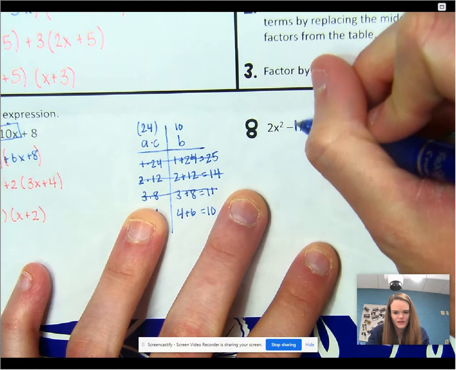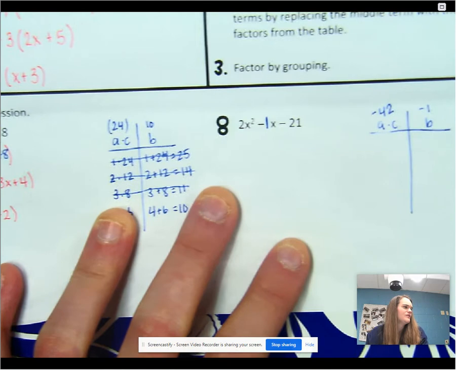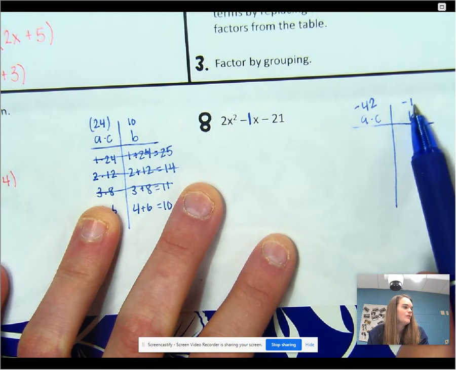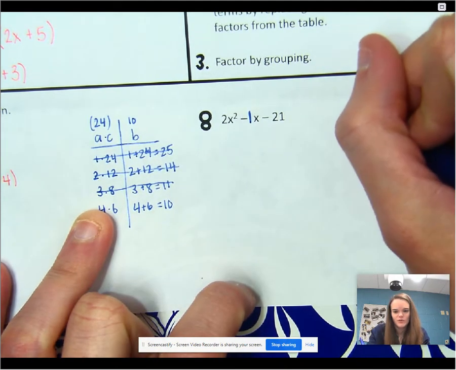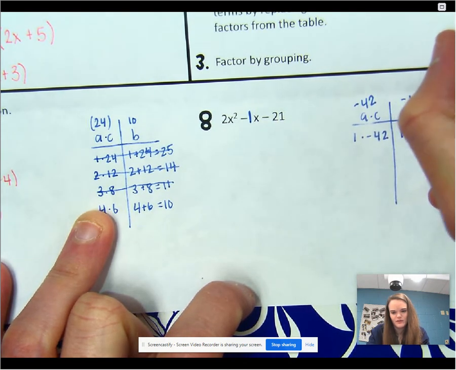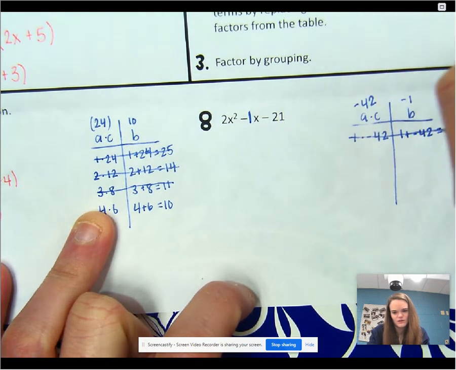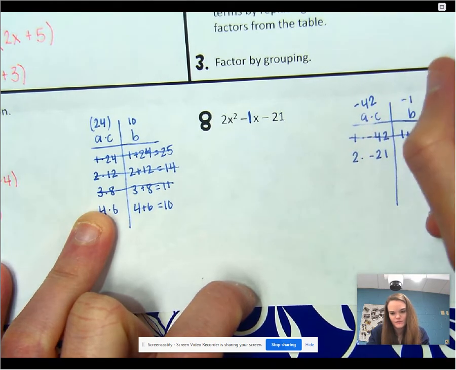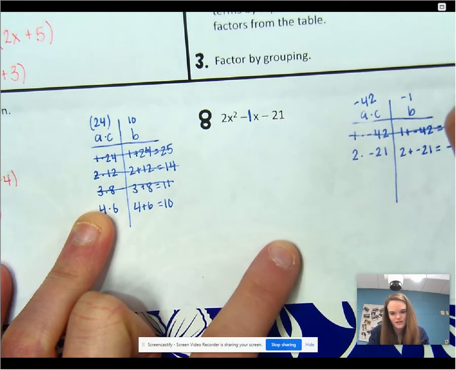Remember, if you need it, there's a negative 1 there. So B is negative 1. Okay, this means I'm going to have a positive and a negative. Since B is negative, that means my bigger number needs to be negative. So 1 and negative 42. 1 plus negative 42 is negative 41. 2 times negative 21. 2 plus negative 21 is negative 19.